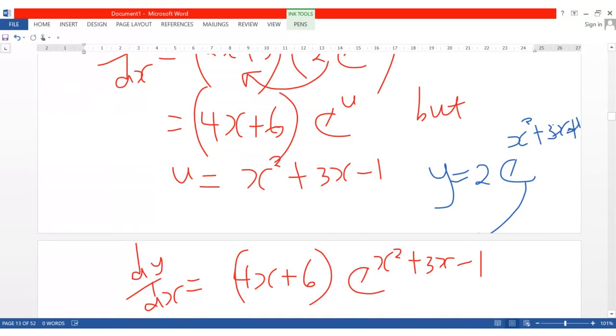When you differentiate the power, you are getting 2x plus 3. But that 2x plus 3 will have to multiply with a factor of 2. That's why we are getting 4x plus 6, because there's a factor of 2 that we must multiply with.